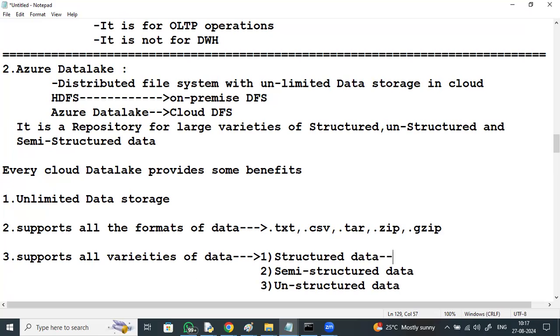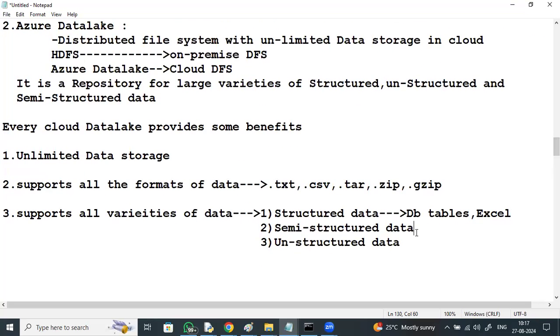Structured data is data organized in the form of rows and columns, like database tables and Excel files. Semi-structured data is not fully structured and not fully unstructured, like JSON files and XML files.